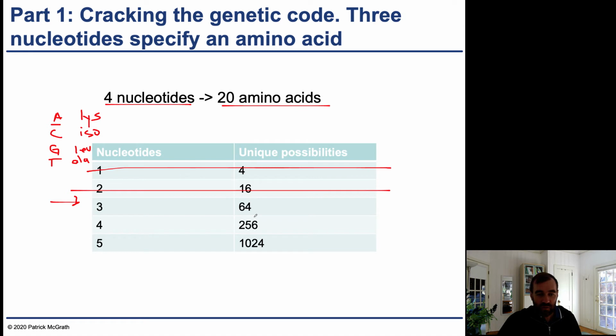And so the researchers honed in initially on this idea of a triplet code because that was the minimum number of nucleotides that would be necessary. It's also possible that 4 were used or 5 were used, and the code was just a lot more degenerate than it is currently. We know now that the triplet is actually true, but the reason that we can exclude 1 nucleotide or 2 nucleotides is because they couldn't encode enough amino acids.